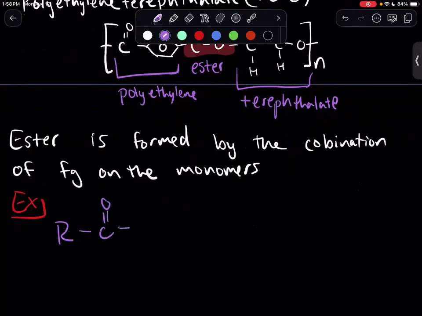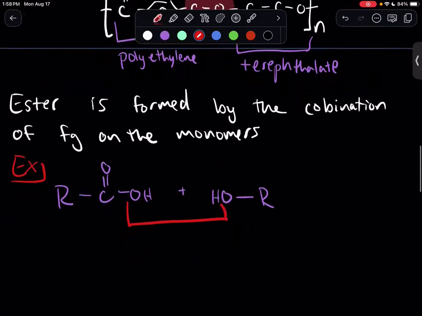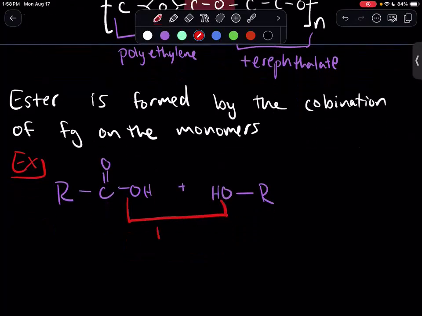C double bond O, single bond OH, we have our carboxylic acid. Then on our second one, we have opposite an alcohol group bonded to our R. When we add these two together, the oxygen hydrogen from the carboxylic acid leaves with the hydrogen and makes water.